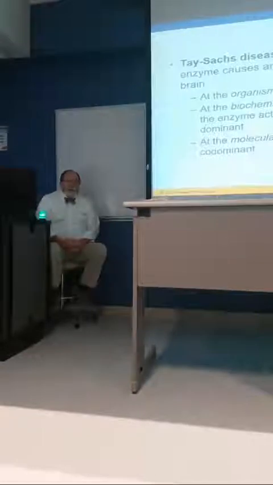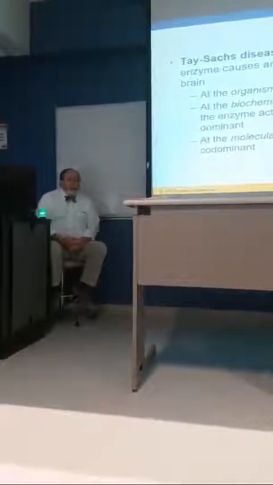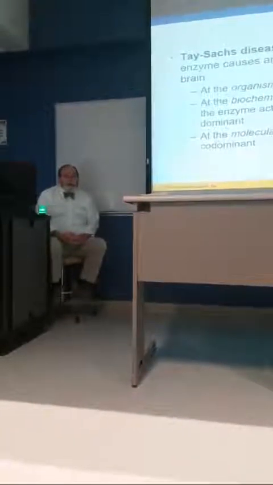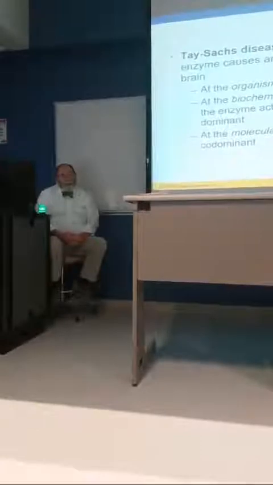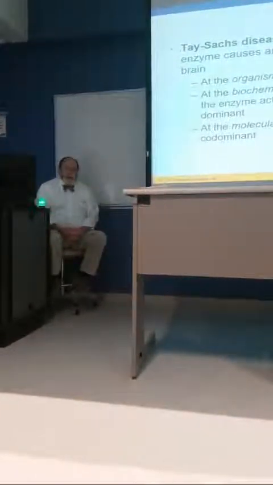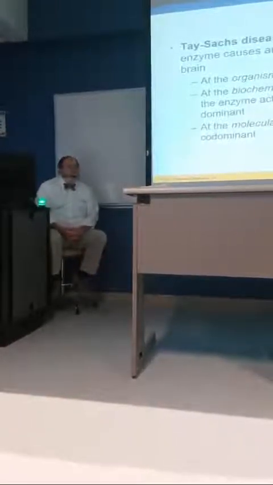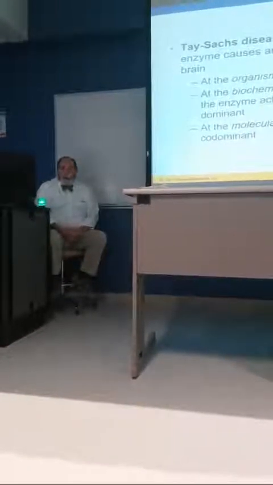Tay-Sachs is a disease where there is a problem of getting rid of the old myelin. And what gets rid of that old myelin is what does all the work in the body anyway, enzymes. There is a particular enzyme that will destroy that myelin, get it out of your system.